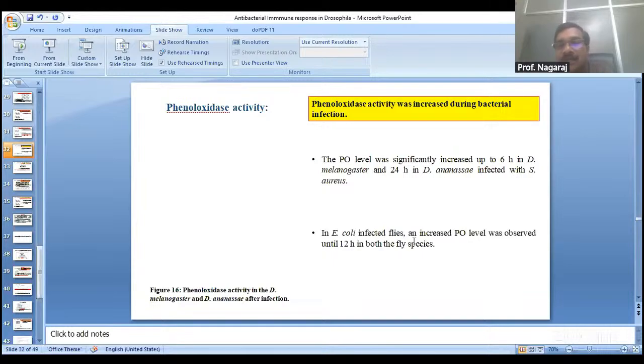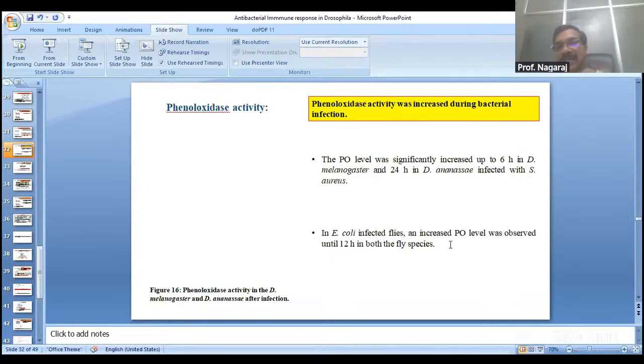So in E. coli infected flies, an increased phenol oxidase level was observed until 24 hours in both fly species. So you can see the difference only in different time points as far as SRES infection is concerned, but not E. coli. E. coli is a gram-negative bacteria. For gram-negative bacteria, both fly species have the same ability.